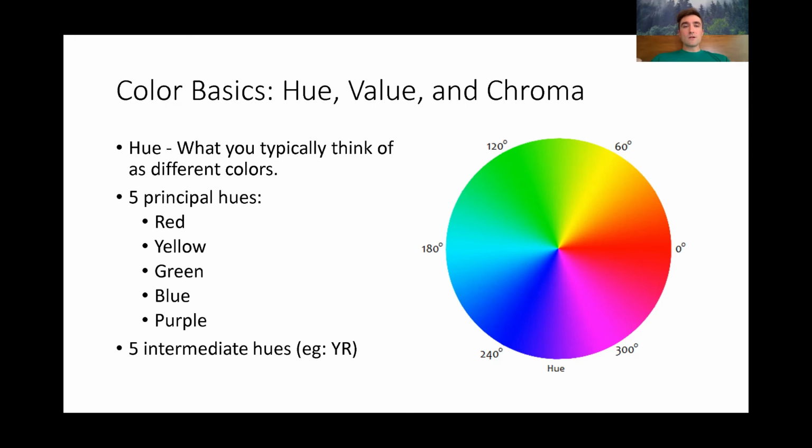Munsell described five principal hues: red, yellow, green, blue, and purple. And then within that, there were five intermediate hues. For example, you could get a yellow and a red. And if you look on the wheel on the right-hand side, what's between yellow and red?